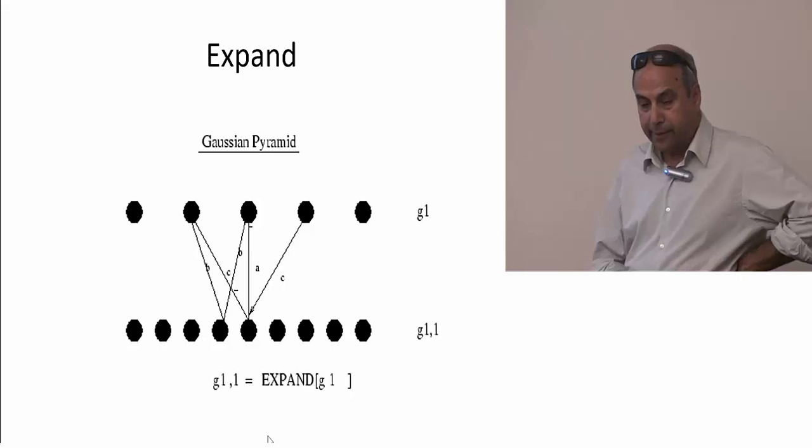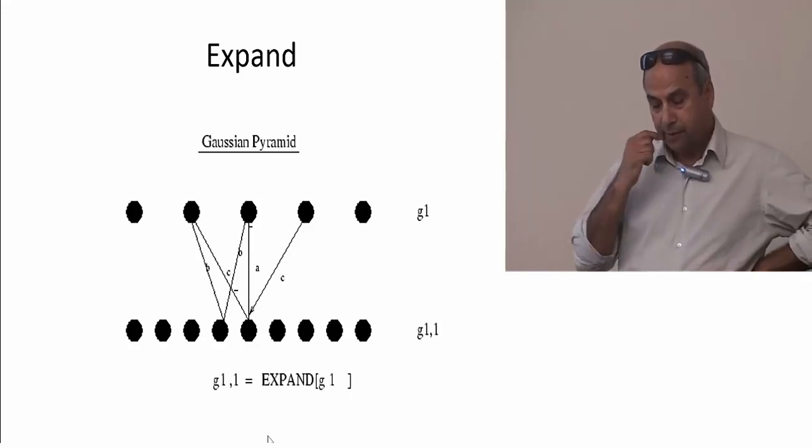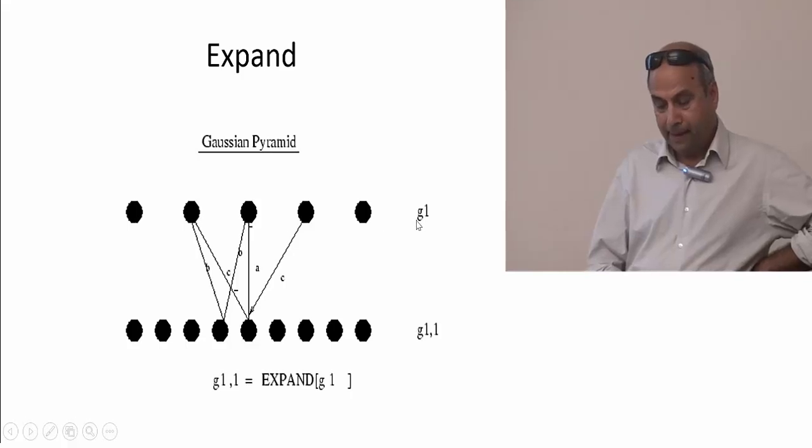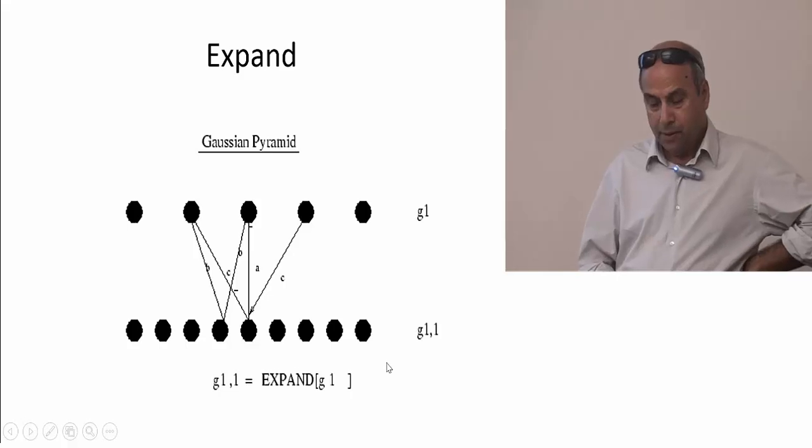So if you look at the expand operation in terms of the picture, this is the level L, and we're going to expand one time with the GL1, and we have these pixels, as you see, 5, and we're going to come up with it like this.